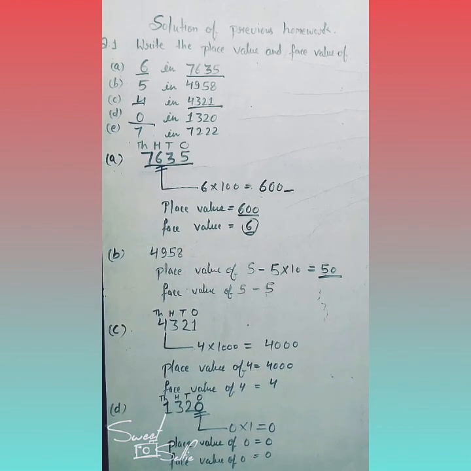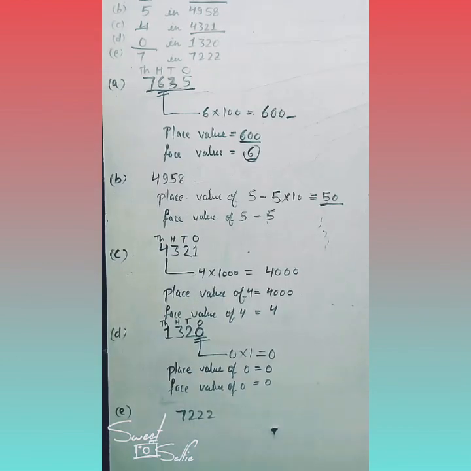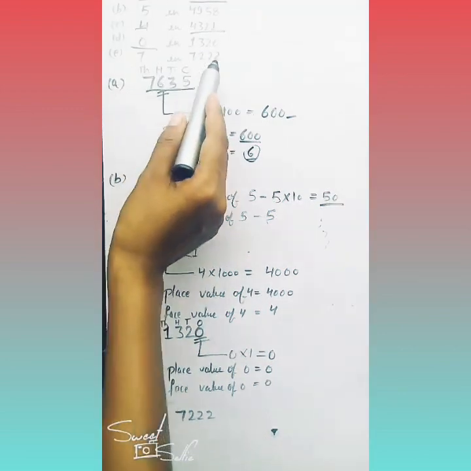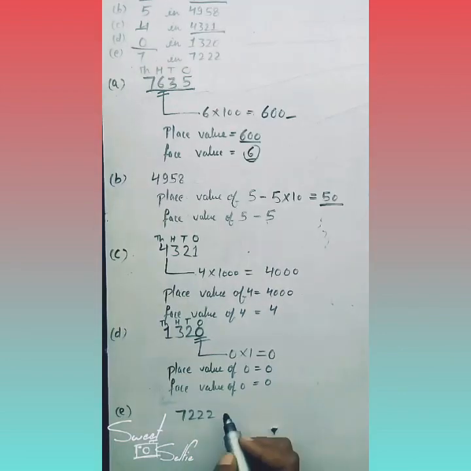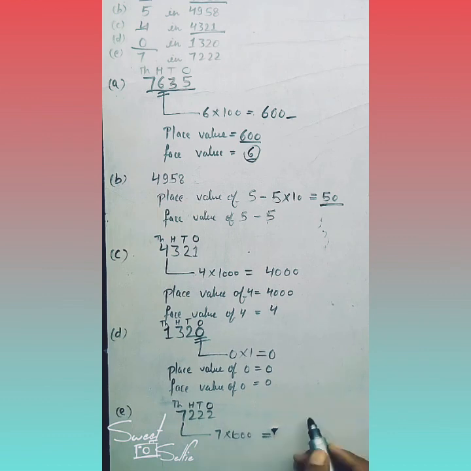Okay, look at E. In E, 7 in 7222. We can see 7 is at the thousands place, so we will multiply 7 with 1000 and we get 7000.